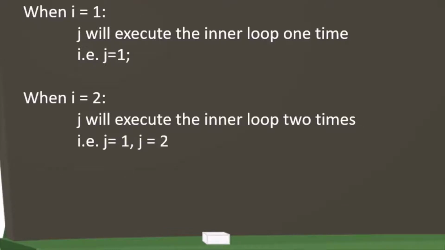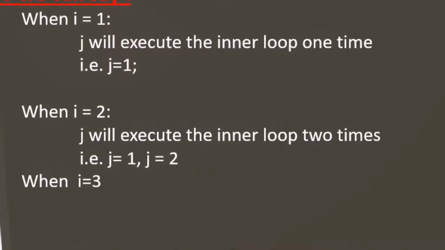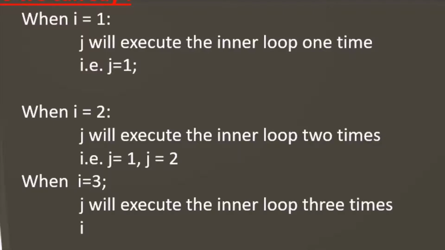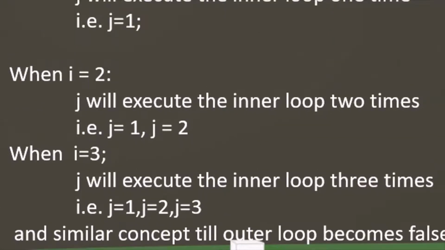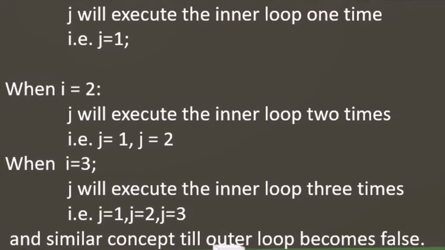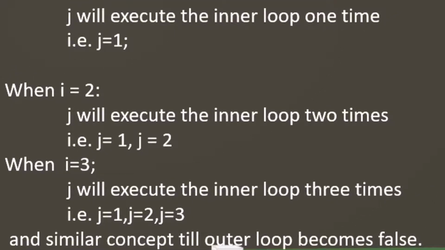Again it will reset. When i is 3, j will execute the inner loop 3 times. That means j will be 1, 2 and 3. So whatever you print inside the inner loop, it will print 3 times, right? The similar concept continues till the outer loop becomes false. If the condition is more than 3, then the inner loop will execute 4 times and 5 times in a similar manner.